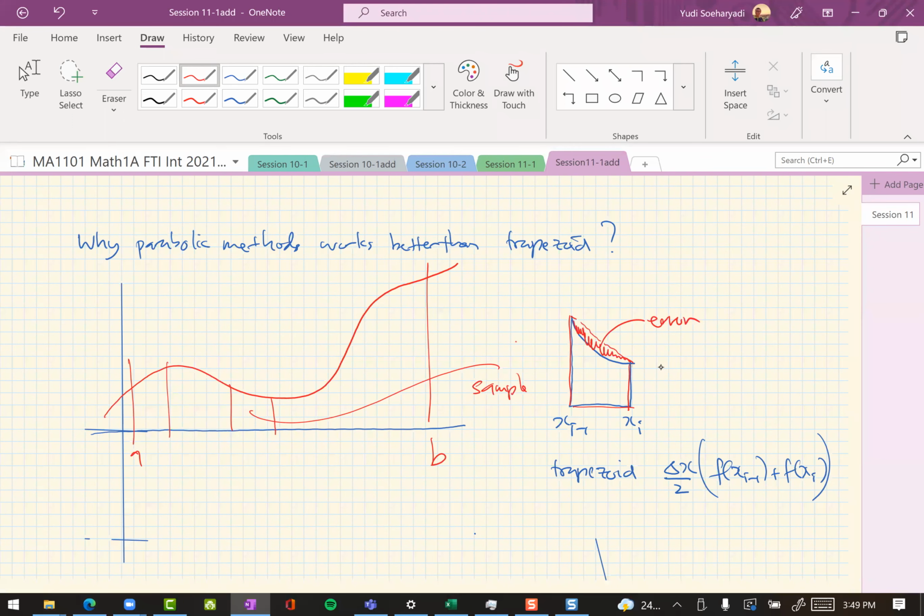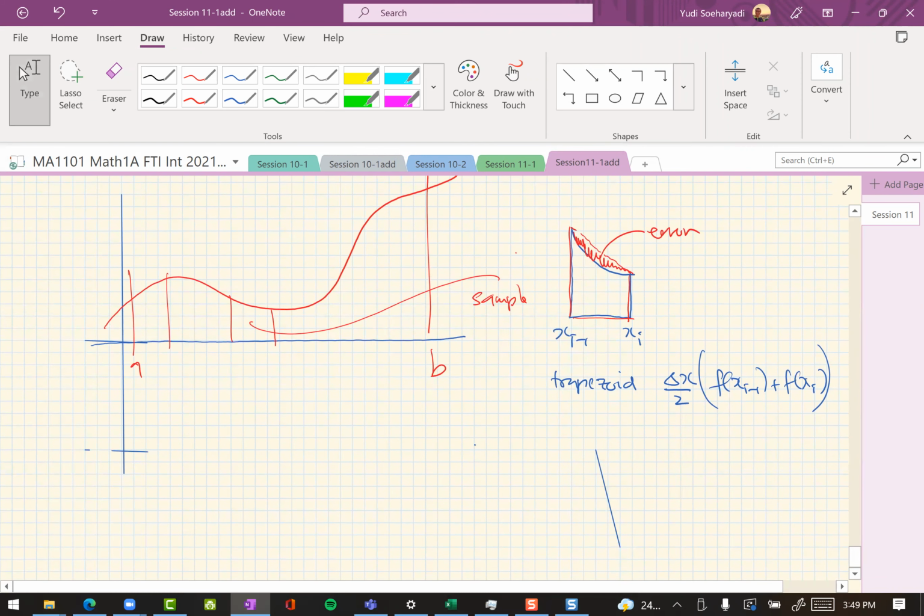All right, so comes the idea. The thing is, what if we estimate the curve by another curve? The error is due to approximating the curve by a line segment.